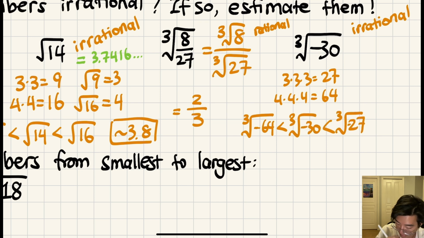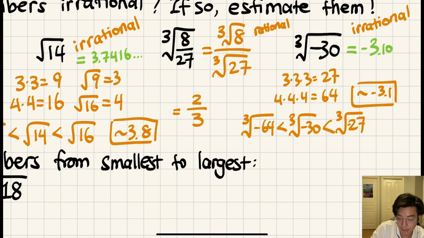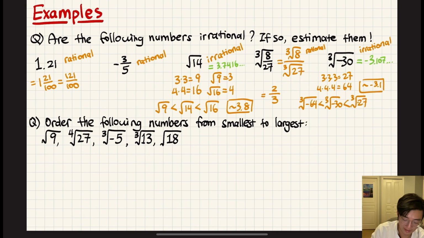Which means that it's somewhere in between -4 and -3. So because it's closer to -27, we can just say it's around like -3.2. Probably -3.1 is closer, actually. It's around -3.1. Let's double check. Okay, right, so the actual answer is -3.107, blah, blah, blah. Okay?